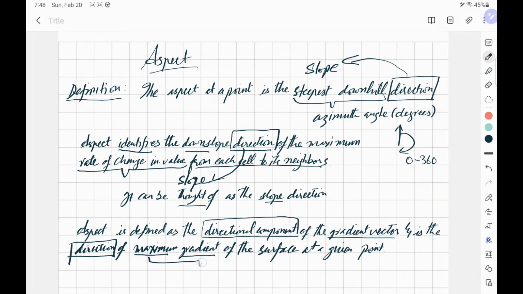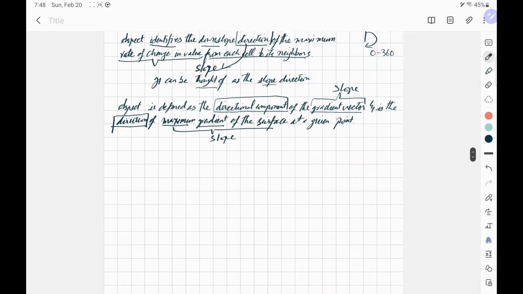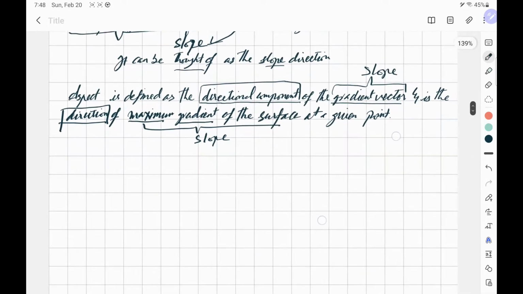So this again reflects slope. So it is the direction of the slope, or the directional component of the slope. This is aspect. So in short, we can think of aspect as the direction of slope. In ArcGIS, for flat surfaces, the aspect will be -1.